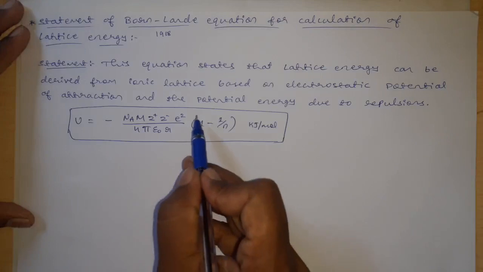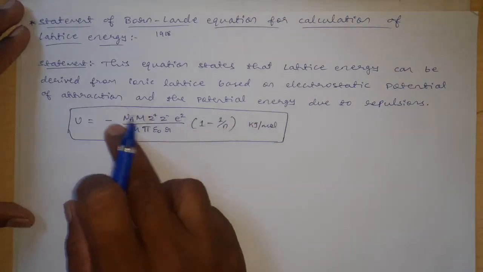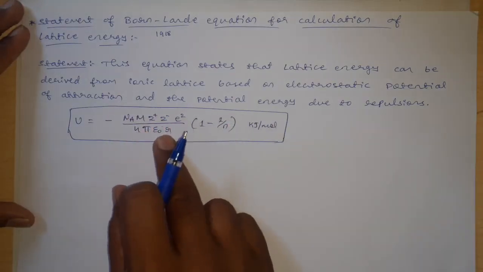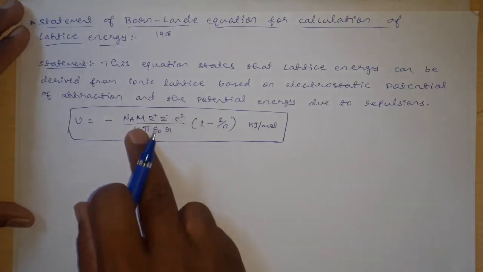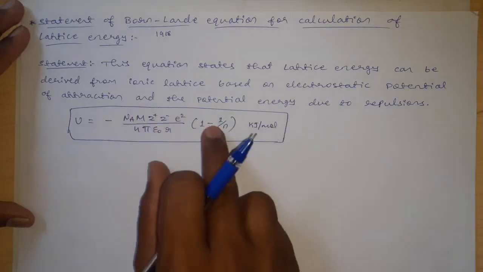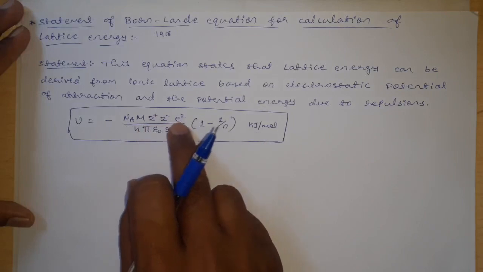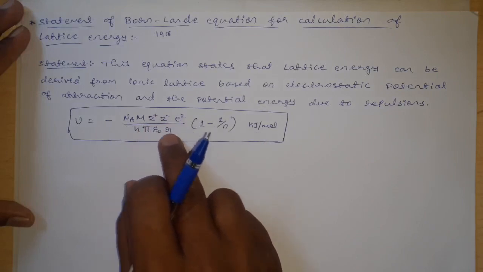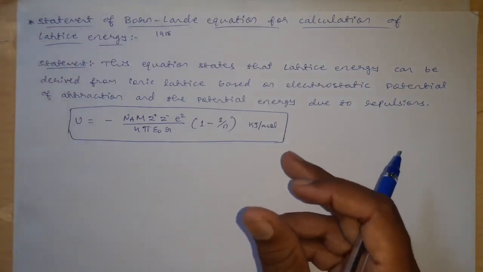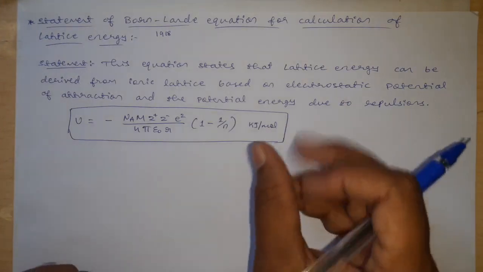After opening the bracket, we get minus N_A M z plus z minus e squared by 4 pi epsilon naught r. This quantity is due to the electrostatic force of attraction between the combining atoms, and minus into minus becomes plus N_A M z plus z minus e squared divided by 4 pi epsilon naught r n. The term which we get with a positive sign is the potential energy due to the repulsion of the combining atoms.